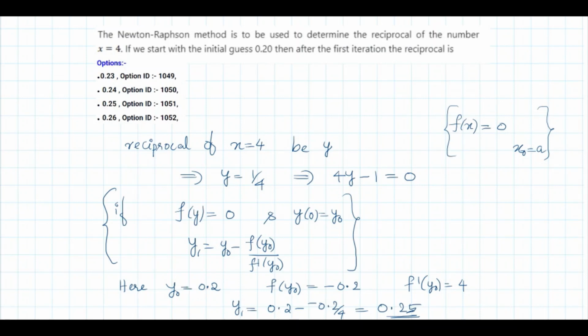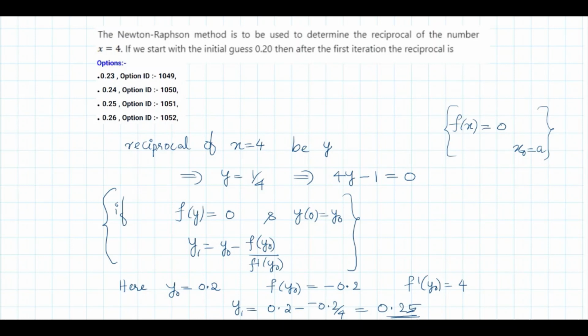According to the Newton-Raphson method, if f of y equal to 0 with a given initial guess y naught, the next iteration value is y1 equal to y naught minus f of y naught by f prime of y naught. Here you already obtained f of y. So f of y naught: put y as 0.2, 4 into 0.2 is 0.8, minus 1, it is minus 0.2.